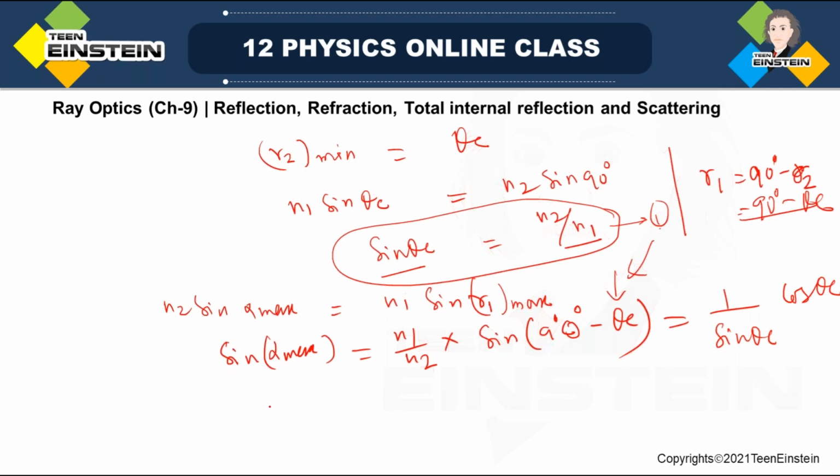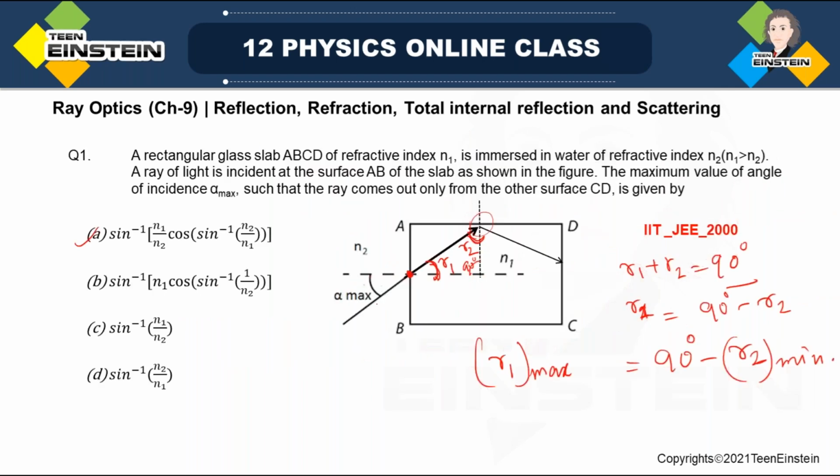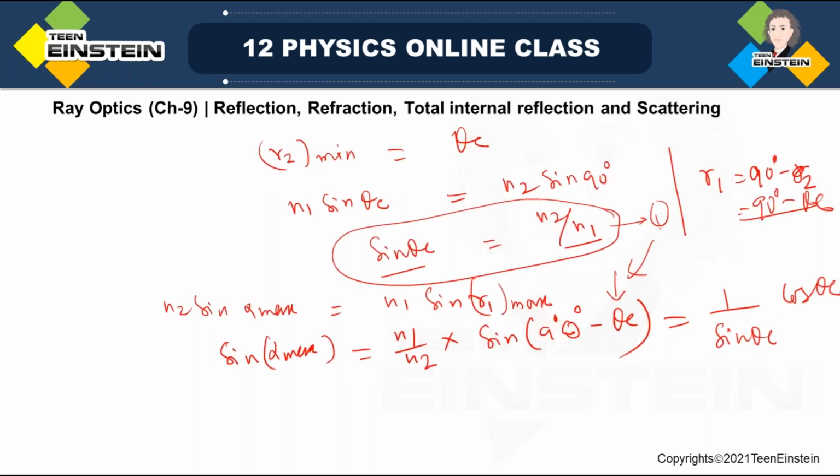Okay, so what we can write now is that in the options there is no cot theta c and all. Rather there is n1 over n2, n2 over n1 like that. So let this be n1 by n2 itself.